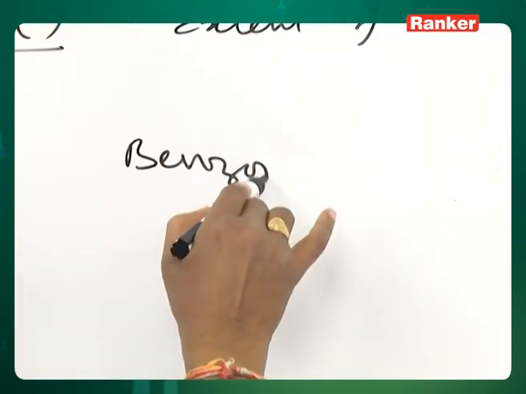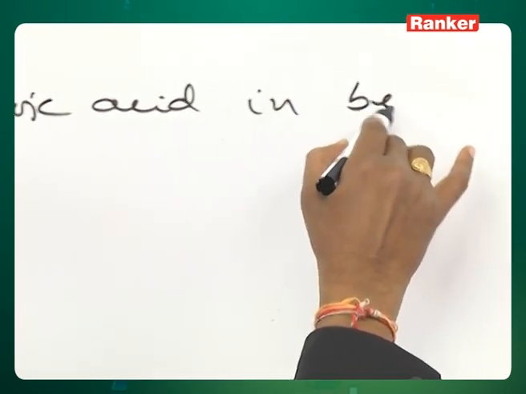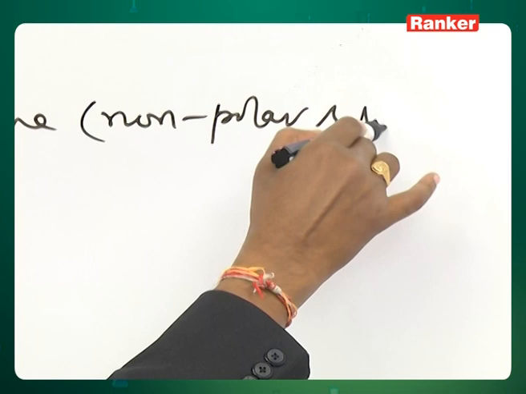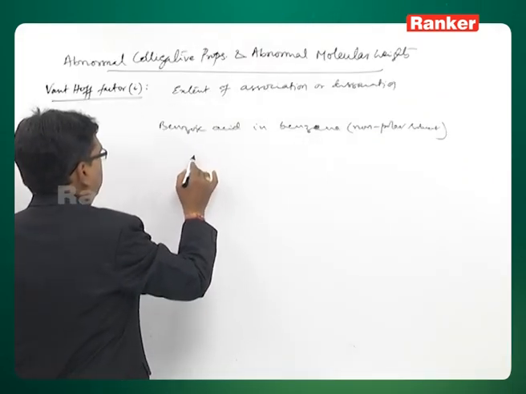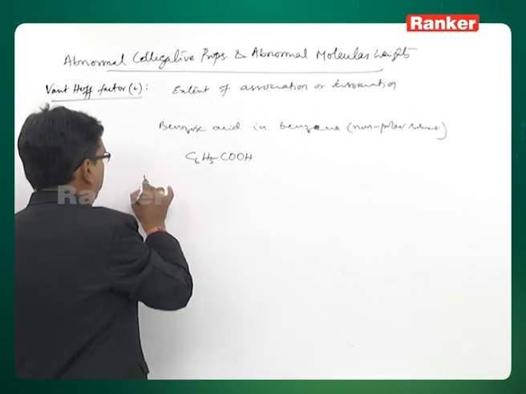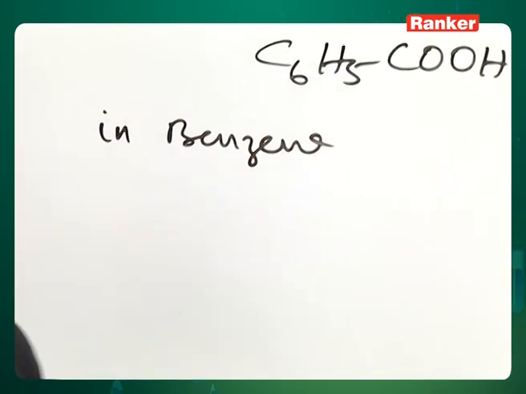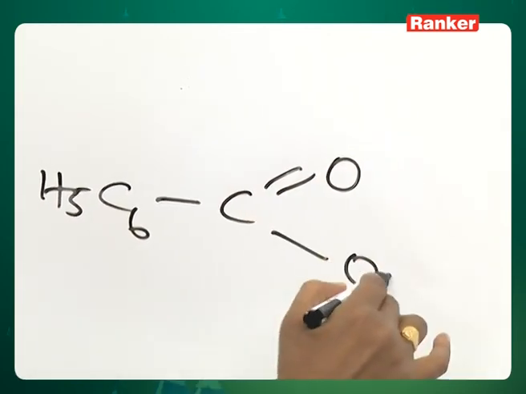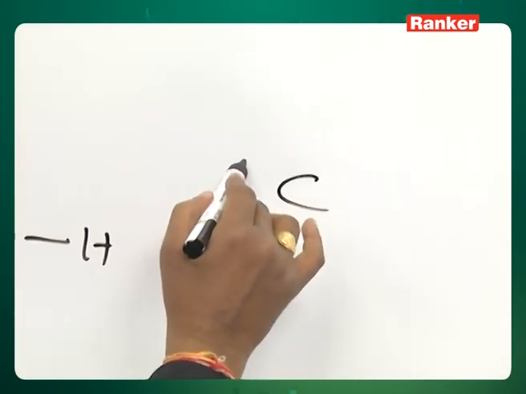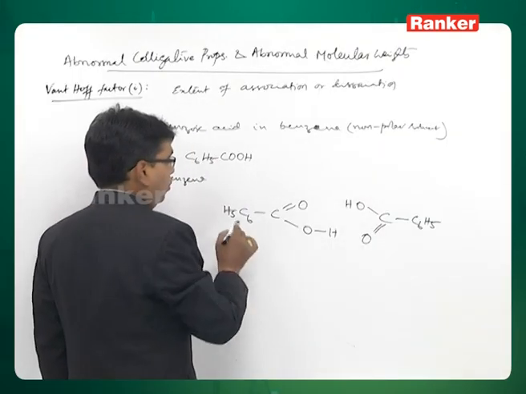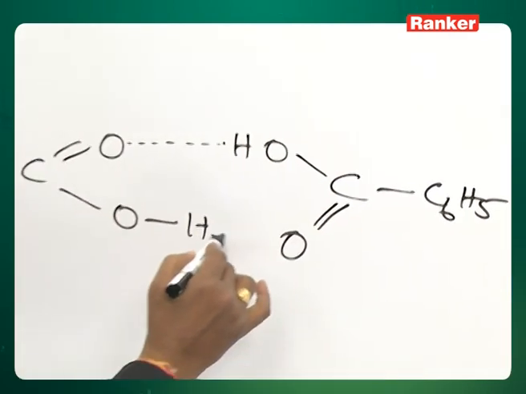As I told you, in the case of benzoic acid in benzene, or any non-polar solvent, C6H5COOH is the benzoic acid formula, but in benzene this benzoic acid undergoes dimerization, meaning two acid molecules come closer and form a cyclic ring dimer.